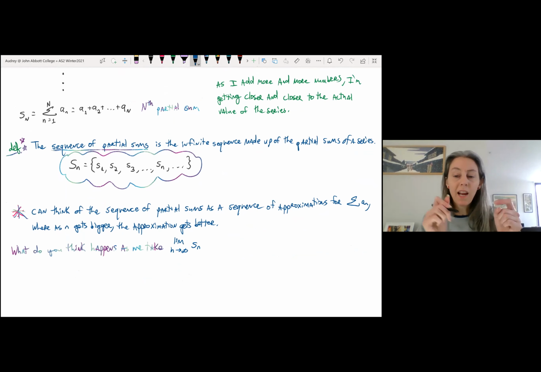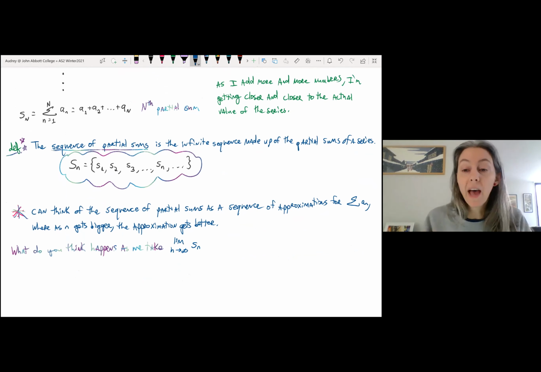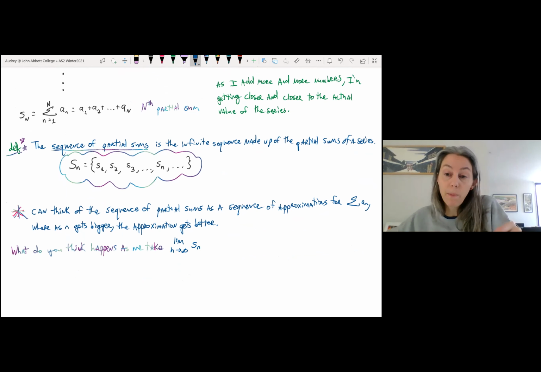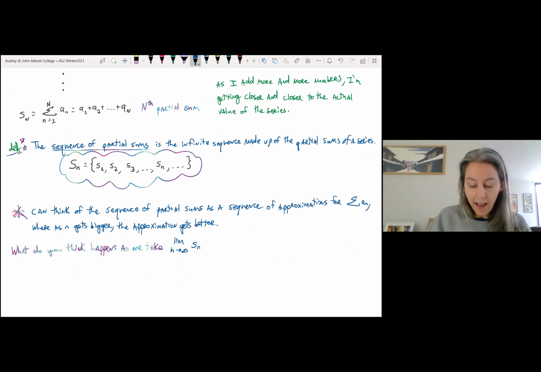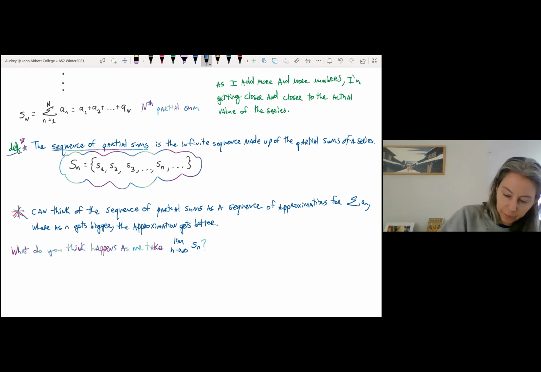In other words, what's happening to the values of that sequence as n gets bigger and bigger? Well, we just said that we can think of this sequence as a sequence of approximations, whereas n gets bigger and bigger, the approximation gets better and better and closer and closer to the actual value of the series. So by looking at this limit, we see what's actually happening to the series.